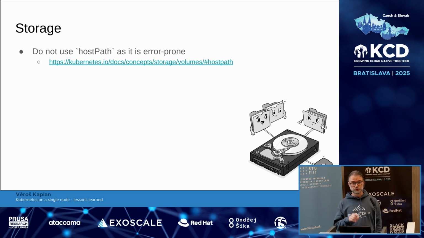Because when you use host path and you say, well, the test application is using /data/production as its storage, or the production application uses /data/production as its storage, as host path, it works. But when you do copy and paste, and probably we do copy and paste, sorry, it lets two applications overwrite each other's data. So don't do this unless you have to.